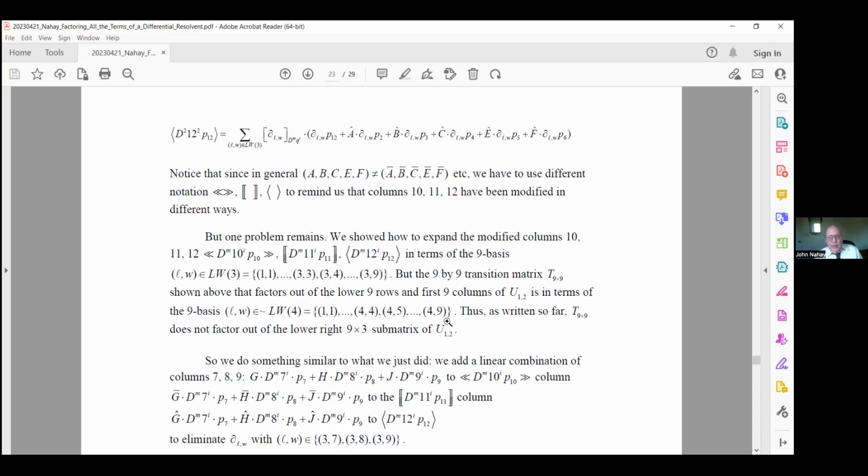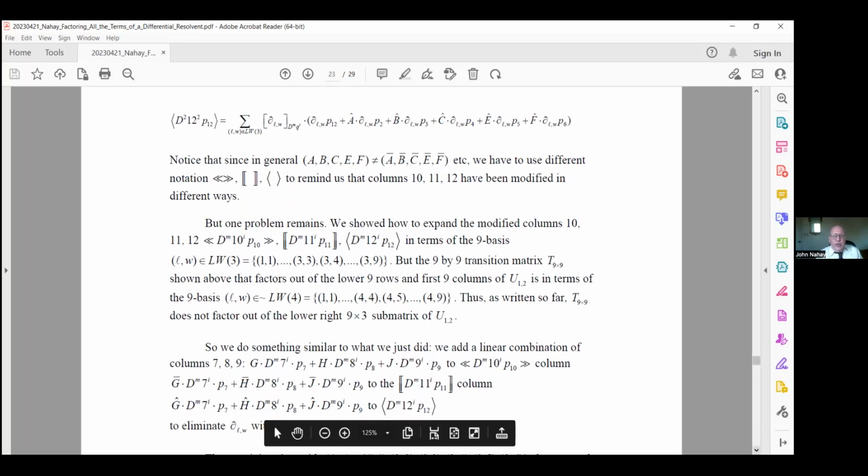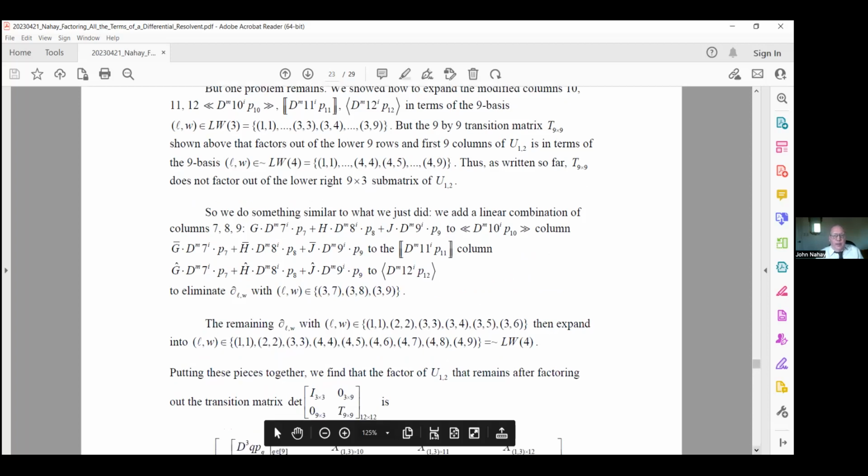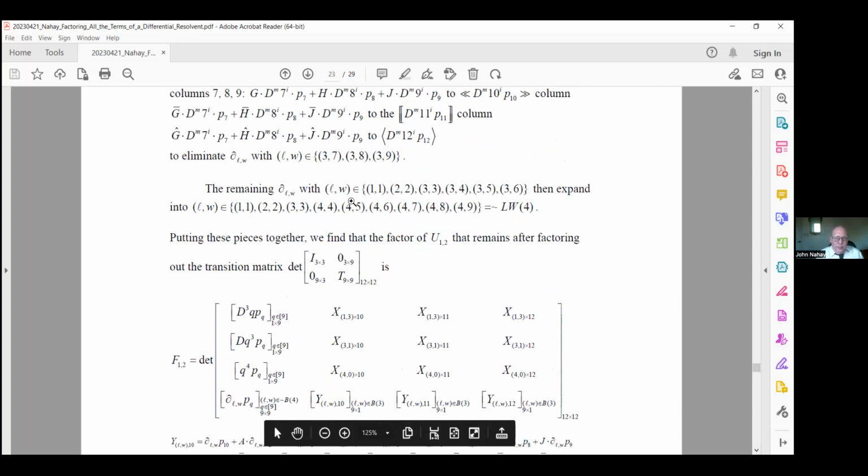So you have to do something. This is not the same basis. So you actually have to add linear combinations of columns 7, 8, 9. You eliminate the LWs of weight 7, 8, 9, and you can then expand. Okay, the remaining LWs are in this smaller subset.